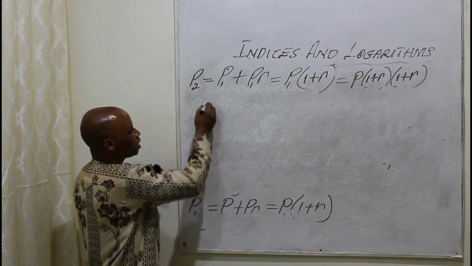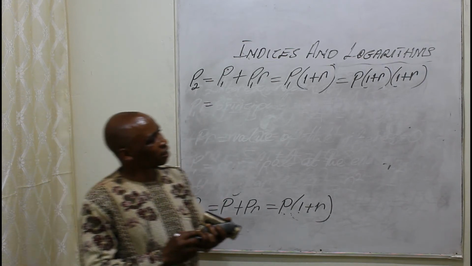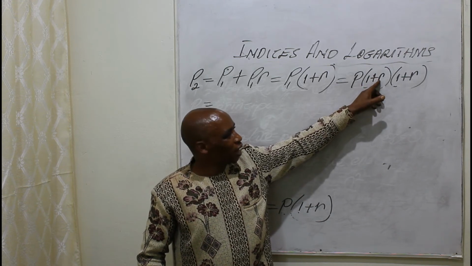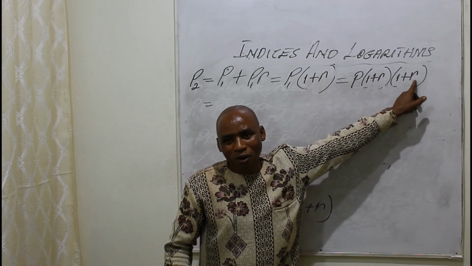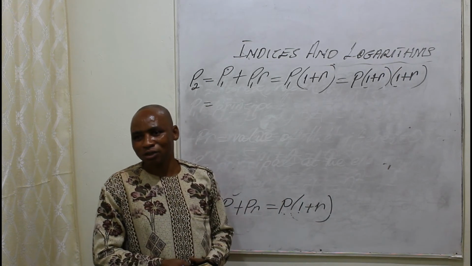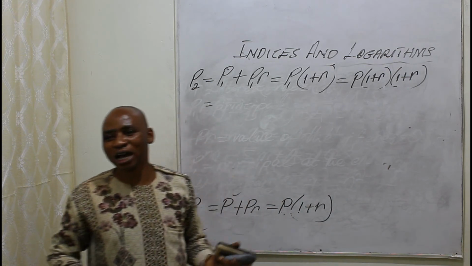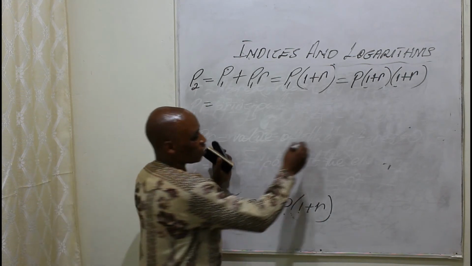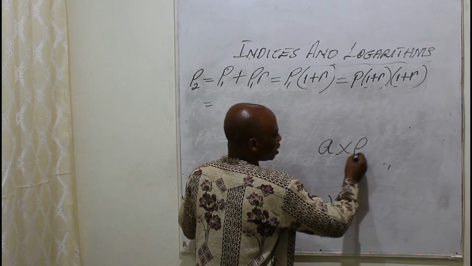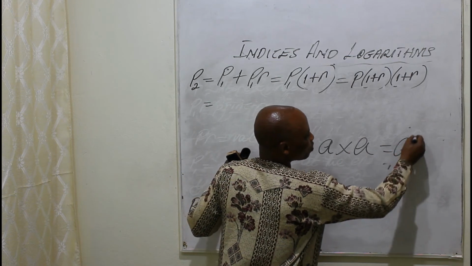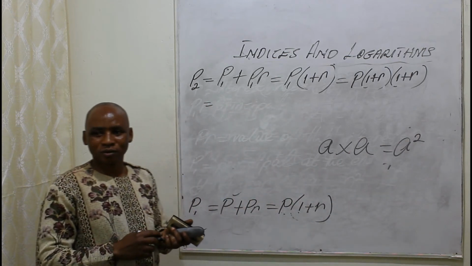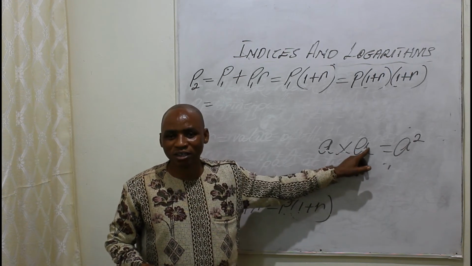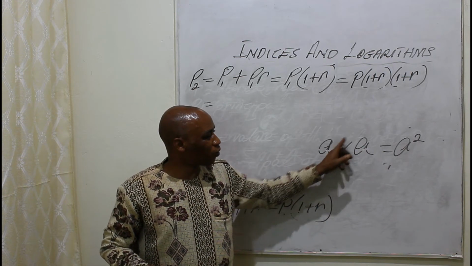So, what do we see here? We see that the 1 plus R and 1 plus R are the same. So, in effect, we are multiplying indices of the same base. It's just like you are saying you have A times A. You end up getting A raised to the power 2. So from the product law of indices, we add the exponent.